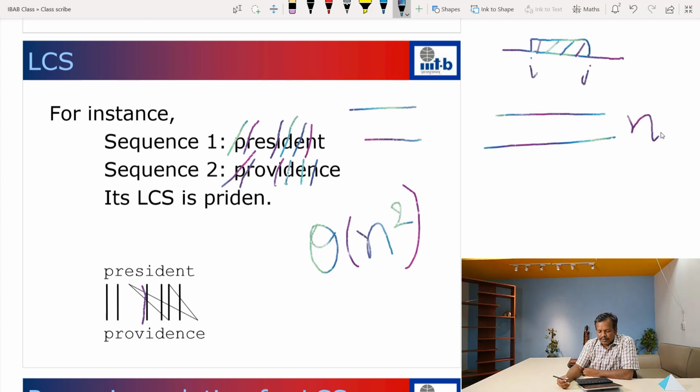If I have to look at all the subsequences of the given string, then there will be 2 to the power n subsequences of a given string. Why is that? Any binary string of length n will map to one of the subsequences of the given string.